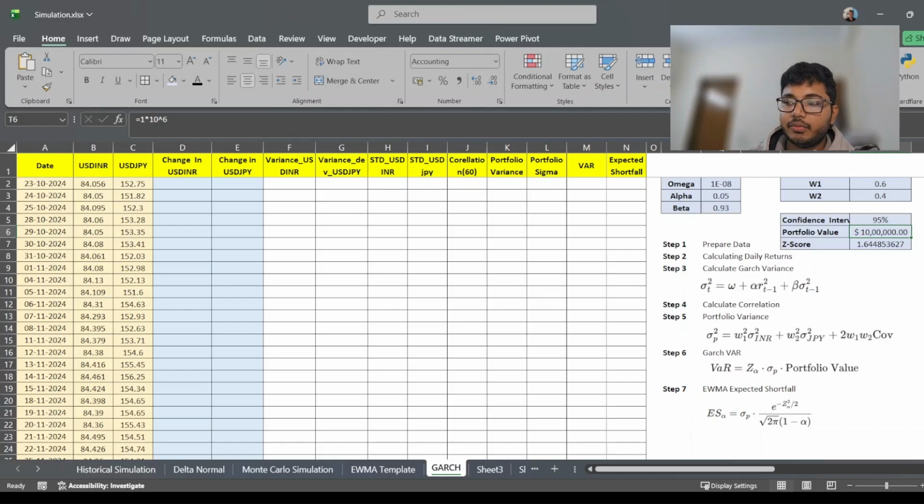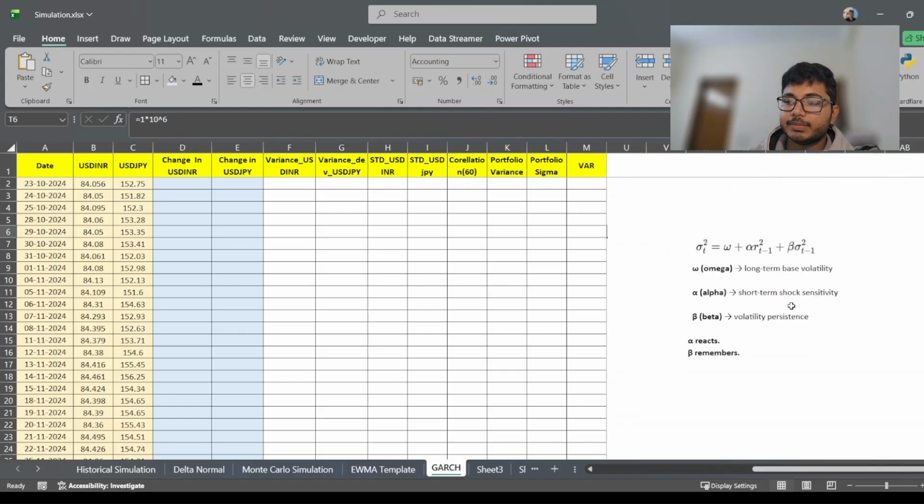This is how we calculate GARCH variance. It consists of three parameters: omega, which is the long-term base volatility; alpha, which is the short-term shock sensitivity; and beta, which is volatility persistence. For intuition, think of volatility like heating water.